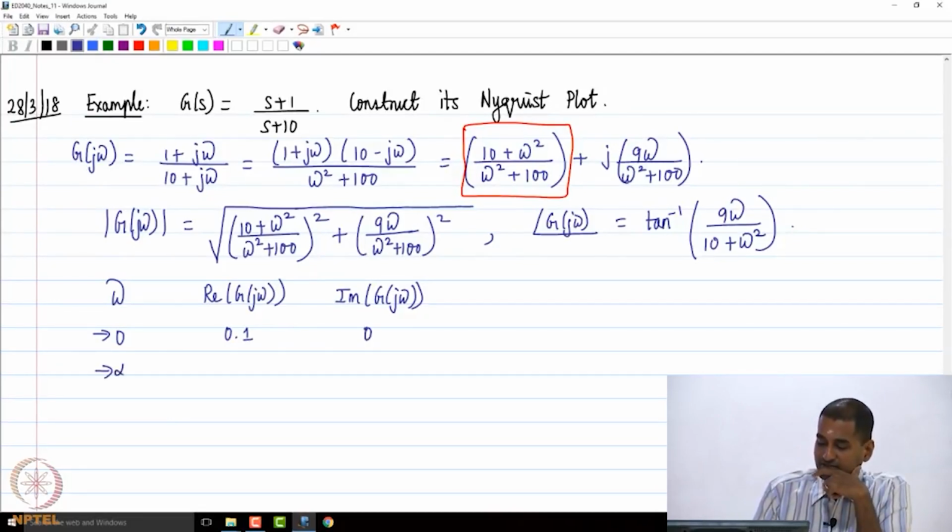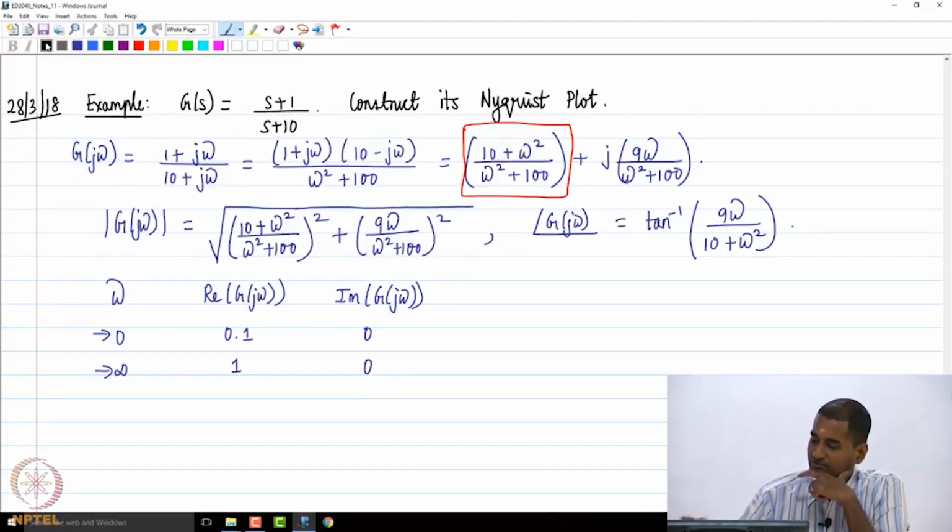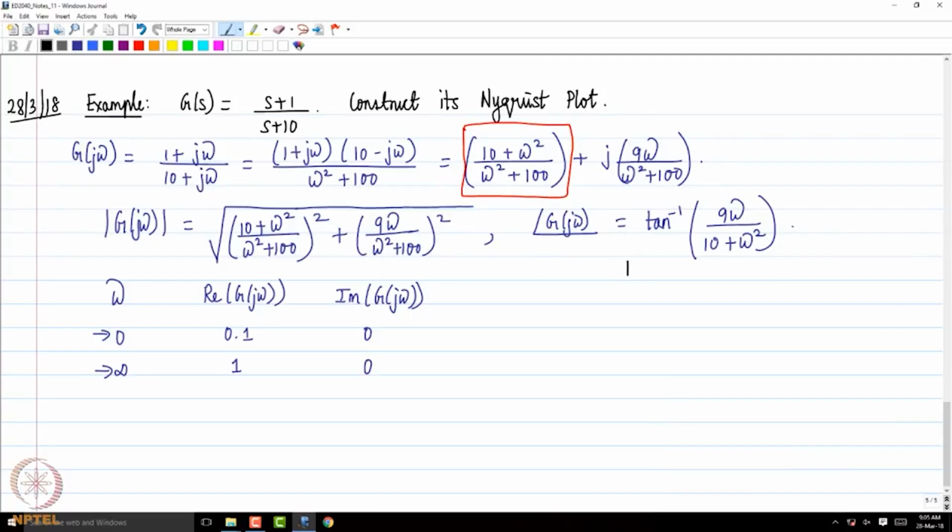Now, as omega tends to infinity, what do you think will happen to the real part? It will tend to 1, right. And what will happen to the imaginary part? 0 once again, right. So if you plot the G of s plane here for this particular transfer function, this is the real axis, this is the imaginary axis, and this is the G of s plane.